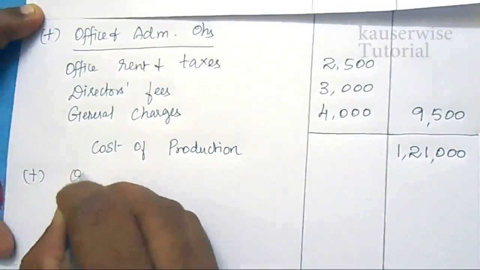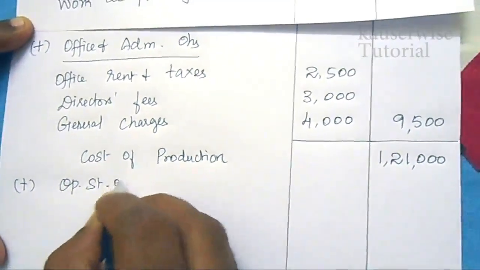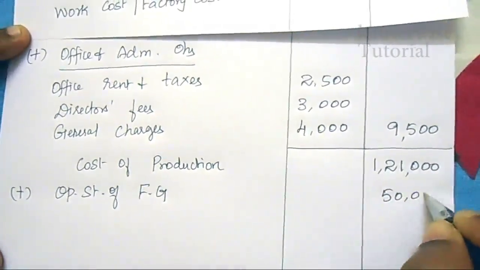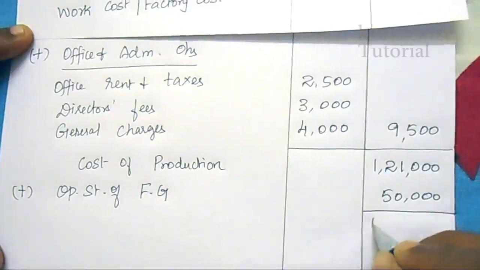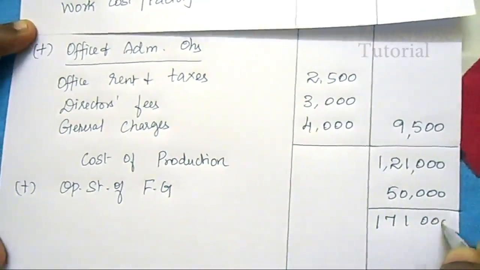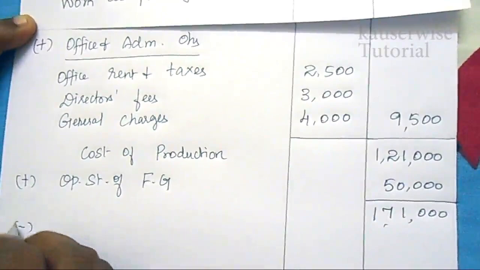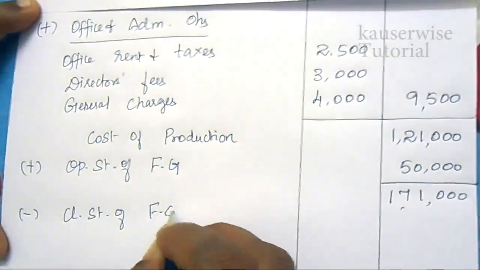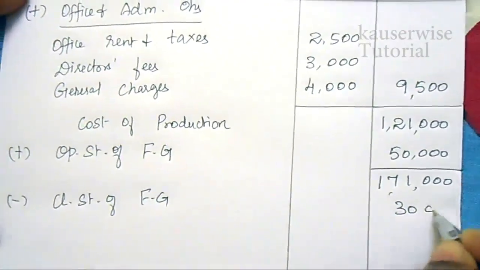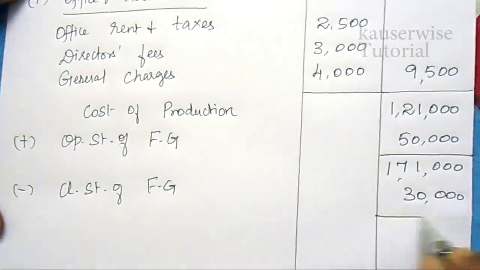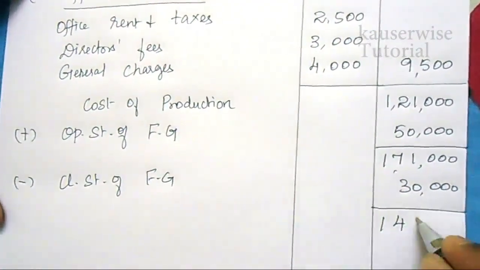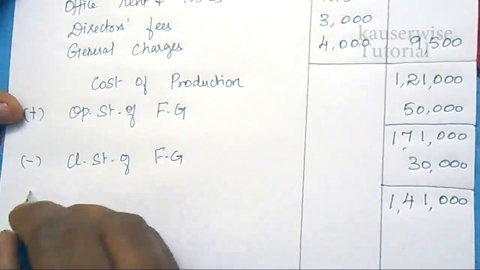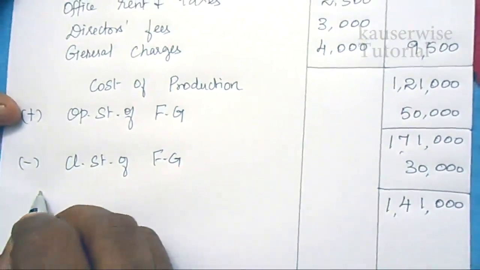Add opening stock of finished goods 50,000, 1,71,000, and subtract closing stock of finished goods 30,000. Balance 1,41,000. This is called the cost of production of goods sold.